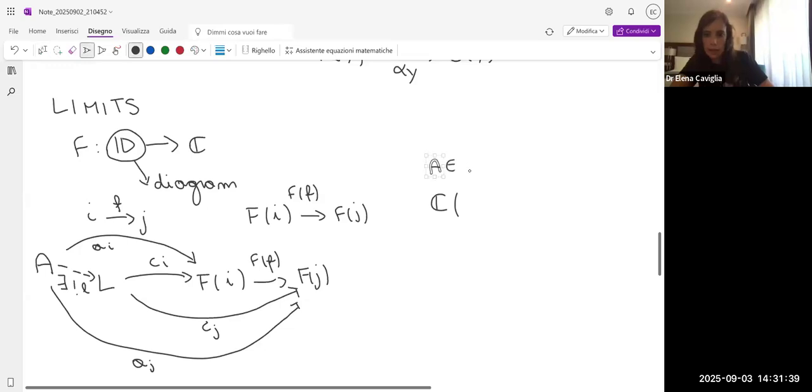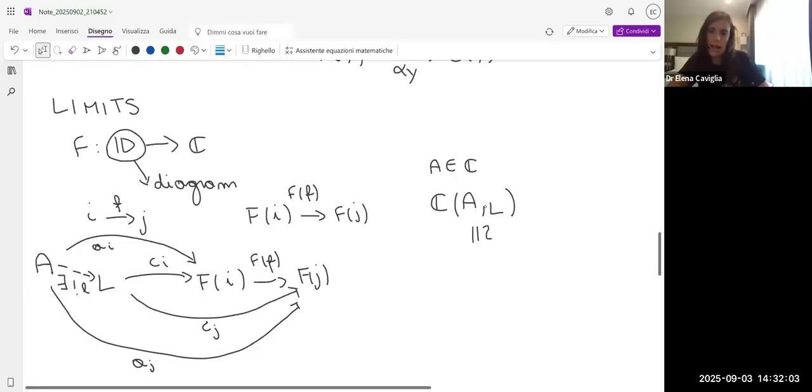For every A in C, what we have is that C(A, L), so the morphisms in C between A and L, is isomorphic.